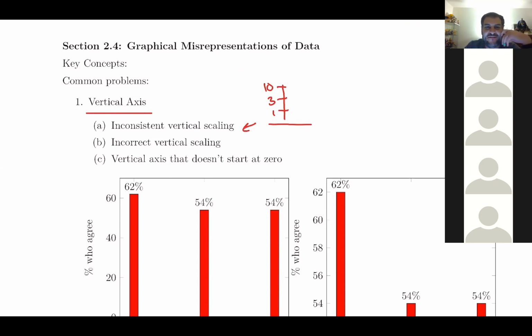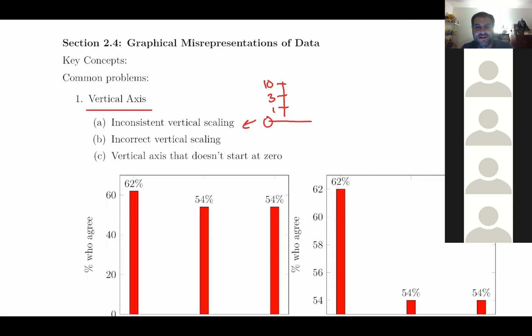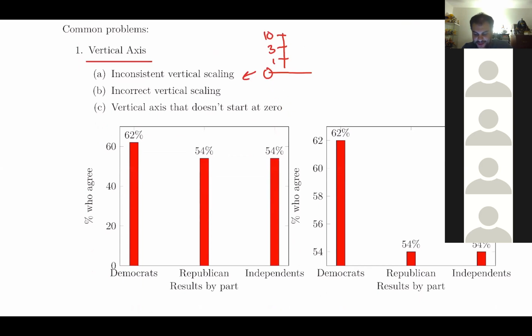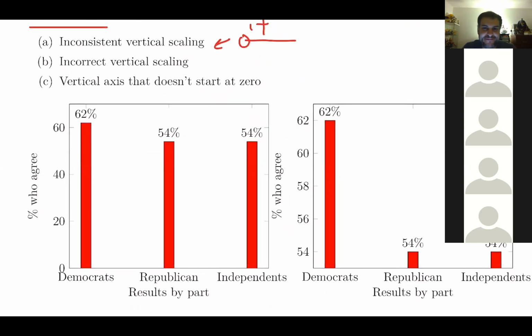All right, incorrect vertical scaling is essentially the same thing, and the vertical axis doesn't start at 0. Anytime we're doing a graph, you always want to make it start off at 0. Because if I look at these two graphs, are both of the graphs telling me the same thing, or are they telling me something different?